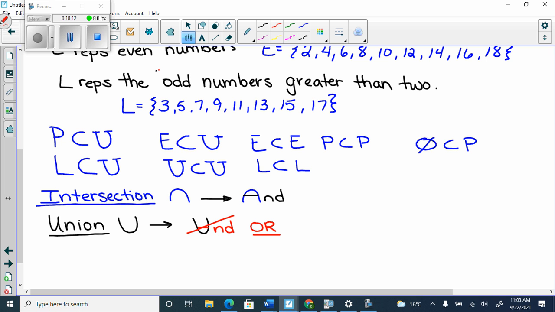Now, let's think about it. This class is a set of students. We agreed yesterday? Okay. I want everyone to stand up who has blue eyes. Okay? I want everyone to stand up who has socks on.